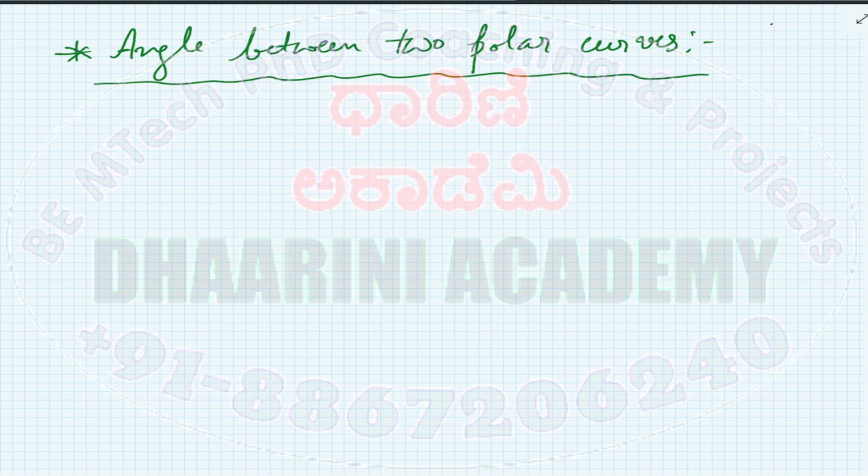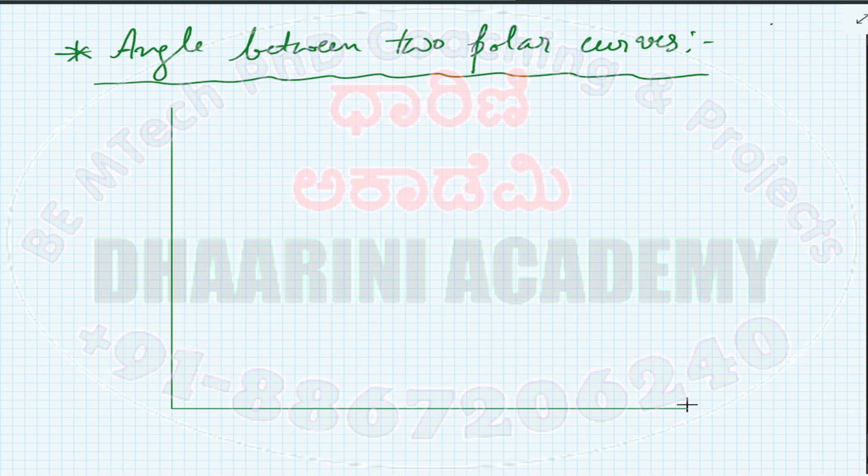Which means the two curves which we are considering must intersect at some point. Okay, so let's consider a diagram first, just to understand what exactly we are looking for here. Let us assume that we have the original x and y axis with us, though we are not using these x and y coordinates.